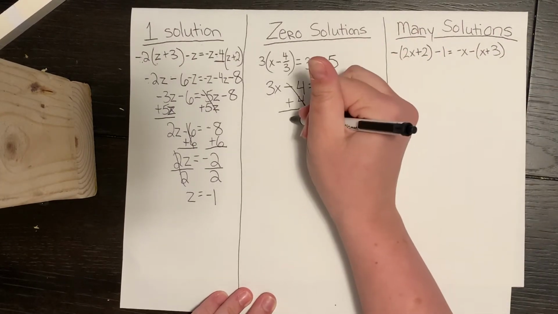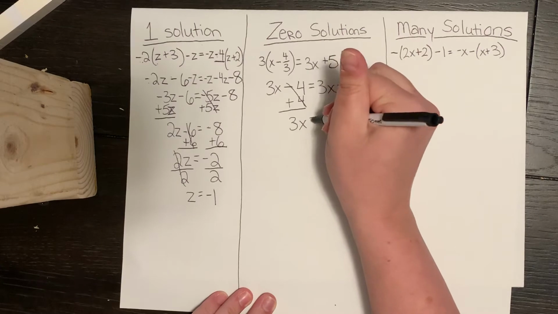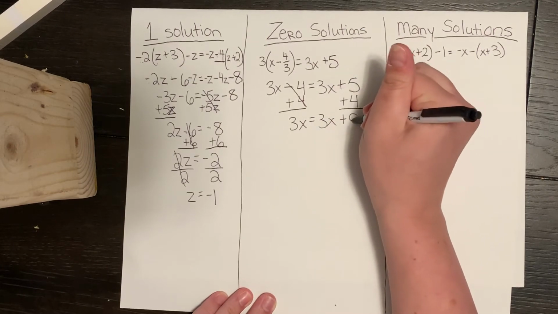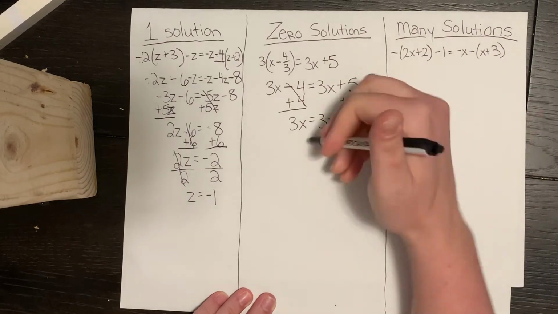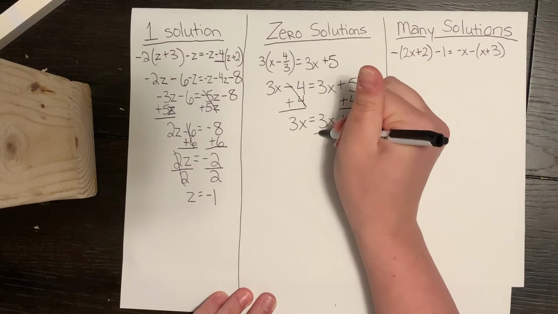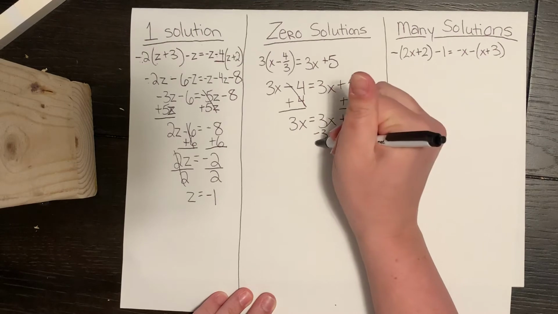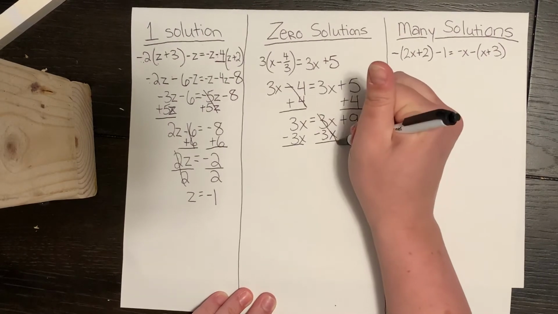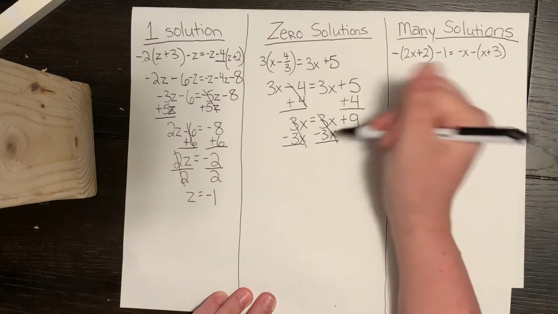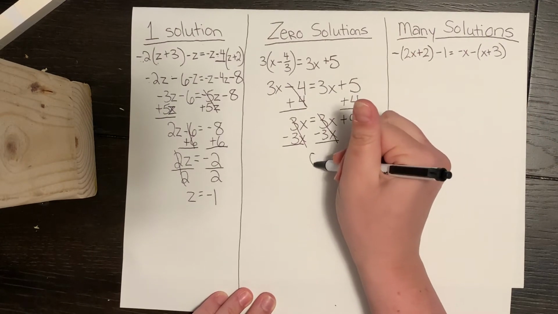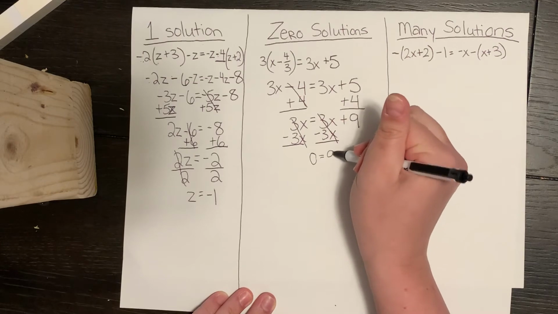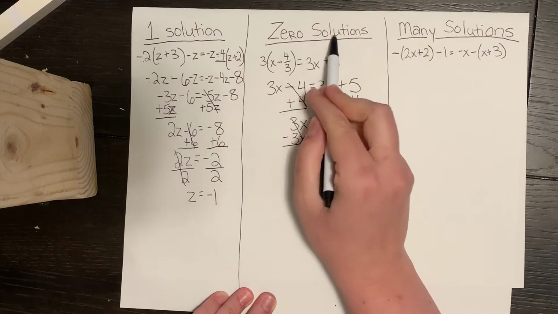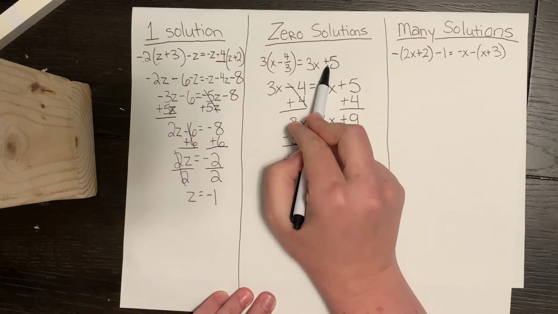It cancels out. I have 3x equals 3x plus 9. My variables are on the other side, negative 3x, negative 3x, cancels, and then that's 0 equals 9. 0 does not equal 9, so there is zero solution to this equation.